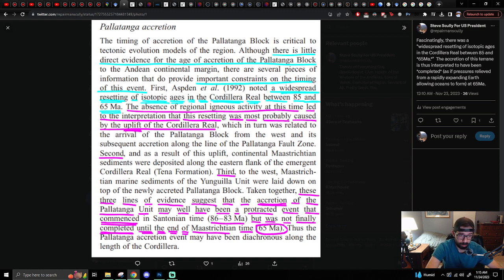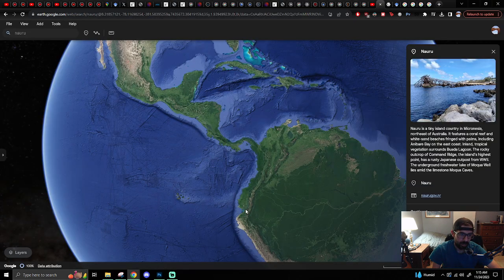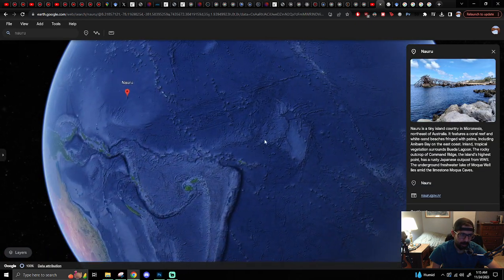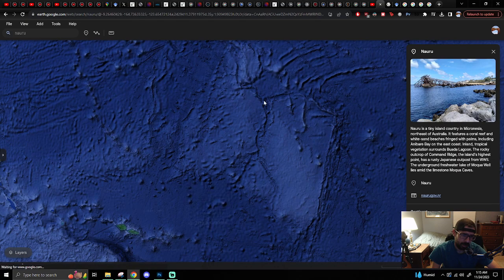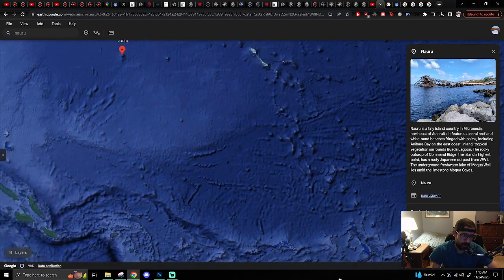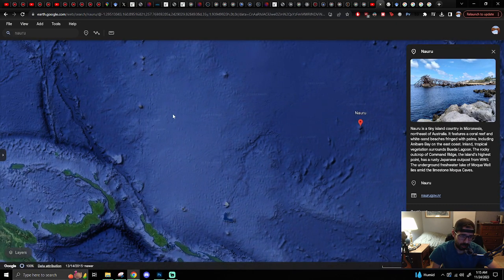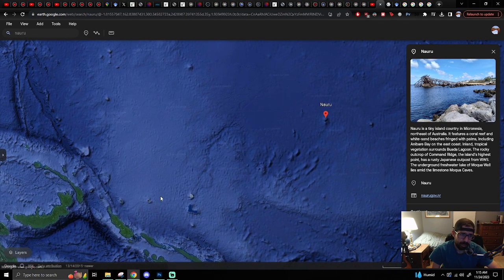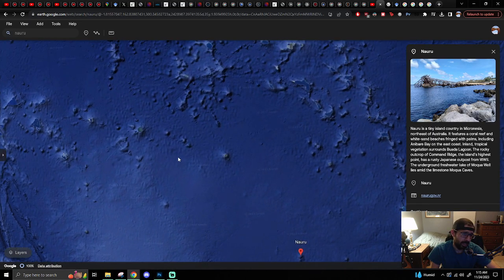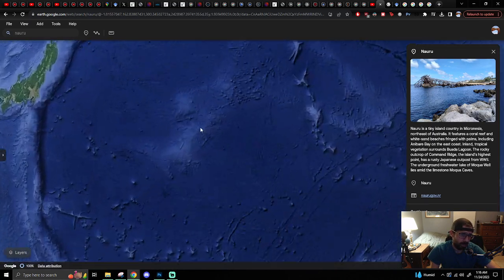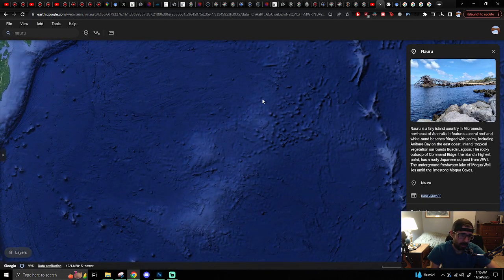I know they seem kind of boring. This is kind of interesting, these shapes in here, but let's say this one, the Ontong Java Plateau. It's kind of boring looking at it. It's not that interesting if you don't make connections with other things.